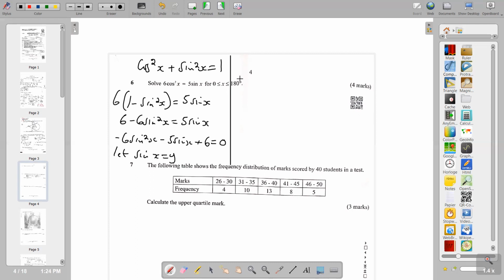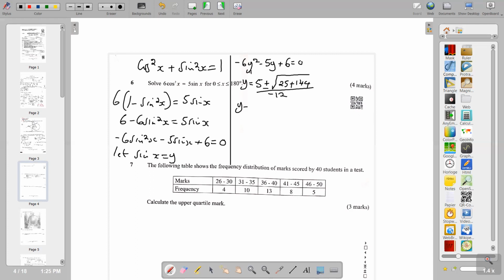You're going to have minus 6y squared minus 5y plus 6 is equals to 0. So we can use the formula. So y is equals to 5 plus or minus the square root of 25 plus, that is 36 times 4, 144, over negative 12.